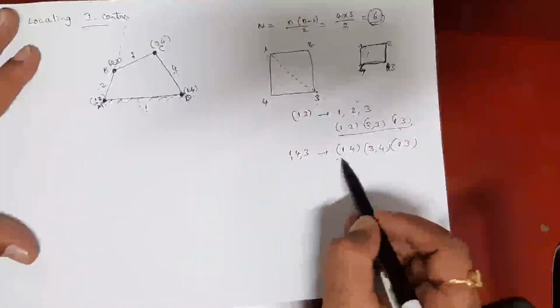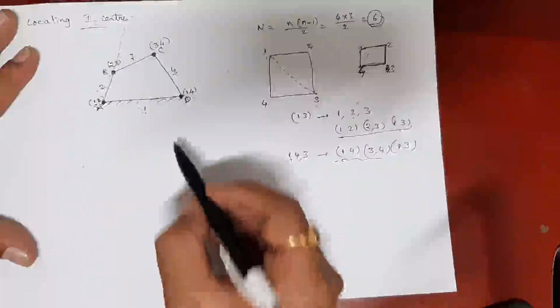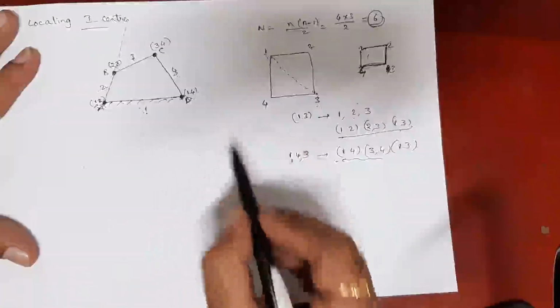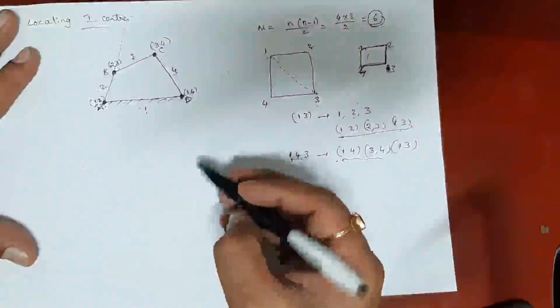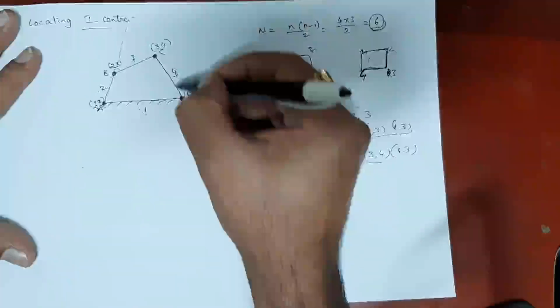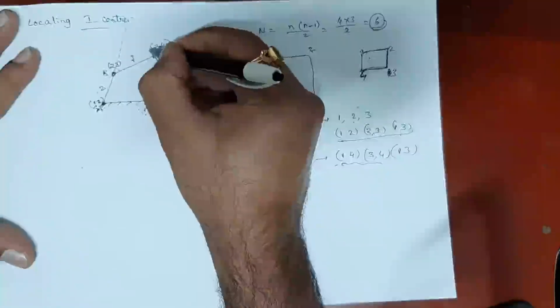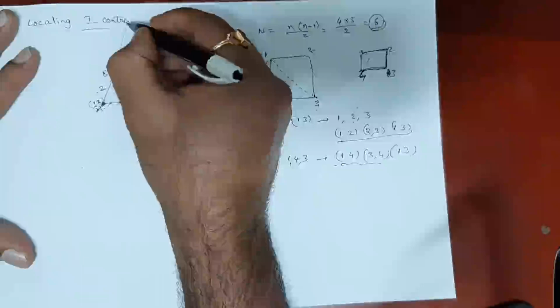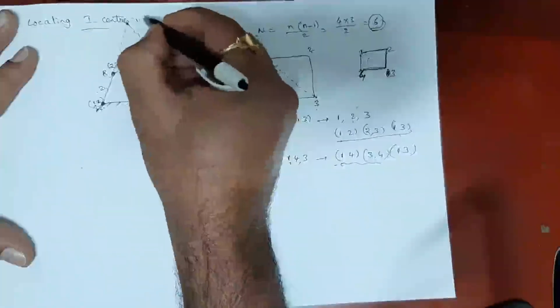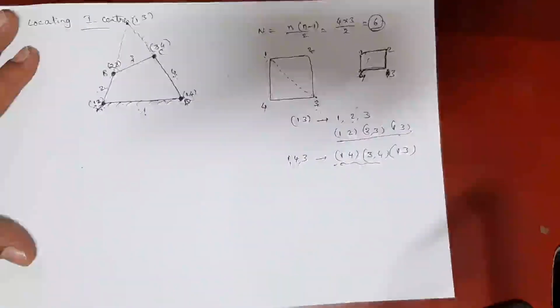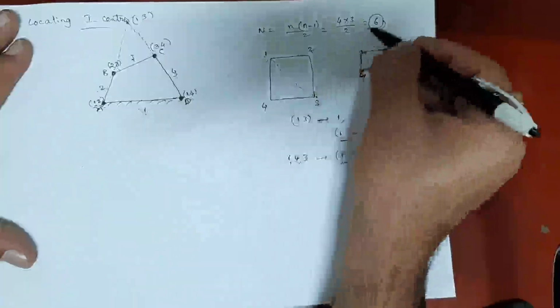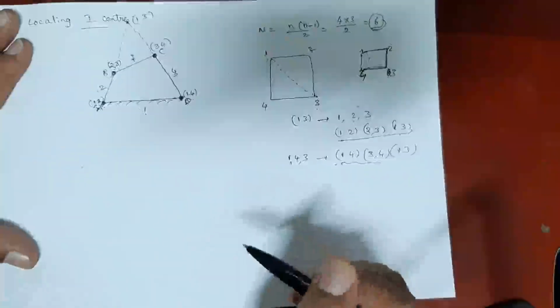We already know 1 4 and 3 4, the 1 4 eye center and 3 4 eye center. These three lie on the same line by using Kennedy's theorem. So now we will extend this line, and the meeting point will be eye center 1 3. So we located I 1 3 also.